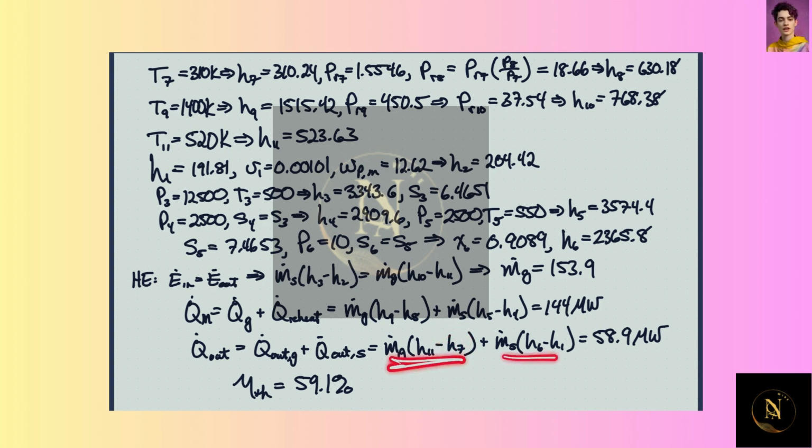And then this is the heat out of the condenser on the steam side. That winds up being 58.9 megawatts. With these two things, we can get the efficiency. It's 1 minus this divided by this, and that winds up being 59.1%.